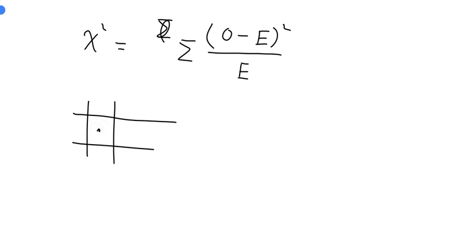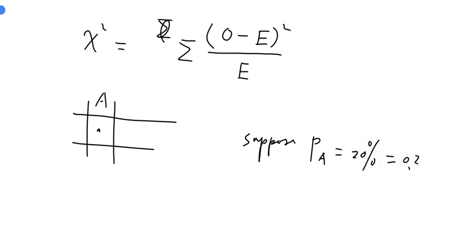So this number we say is the observed value. Let's say, suppose how many A's are in our class. Suppose the percentage for getting A is 20%, or 0.2. So how many people can get A?